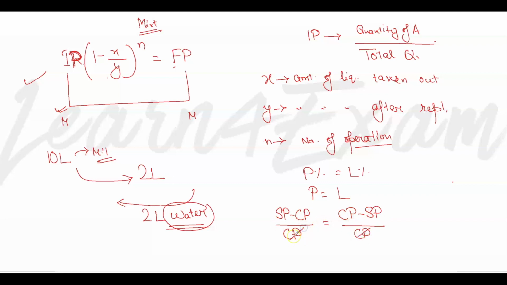If we cancel off cost prices, then we would find that the cost price of the article is equal to the selling price of the article, or in most cases, the median price is (cost price plus selling price) divided by 2.